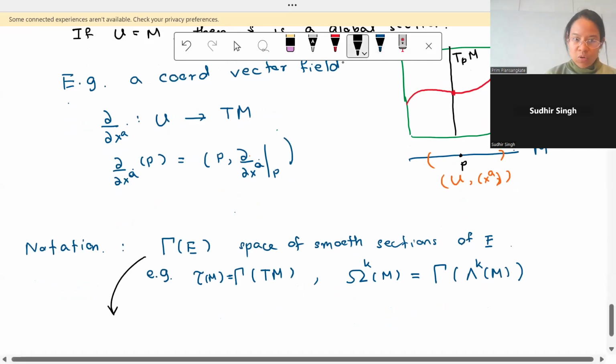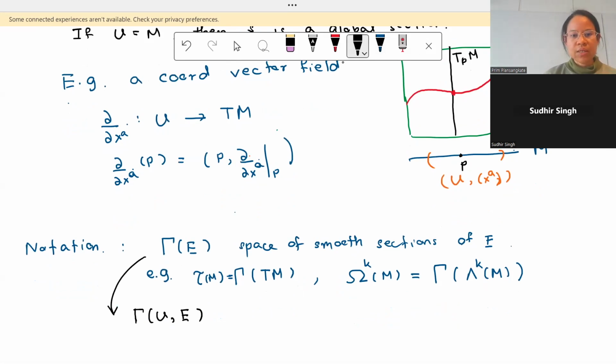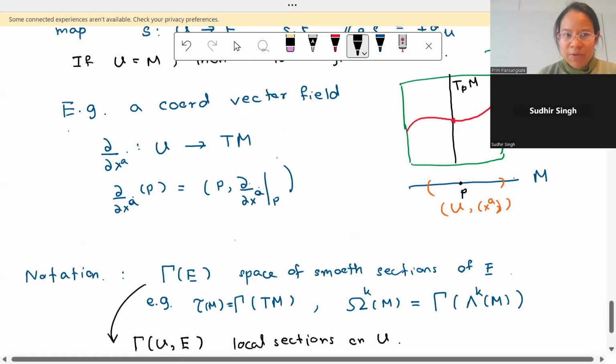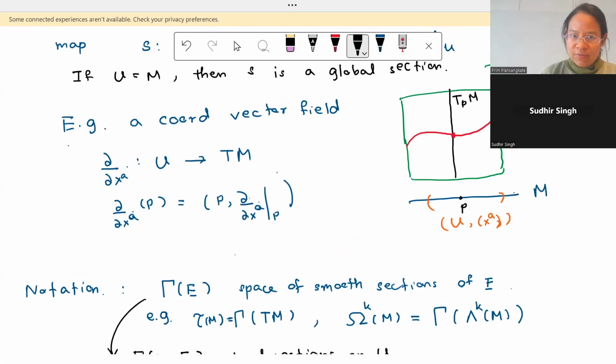Sometimes if I talk about local sections, I might write it like this, to mean the set of local sections over U. Now, there are important sets of local sections for vector bundles. What I mean is, for example, the coordinate vector fields.